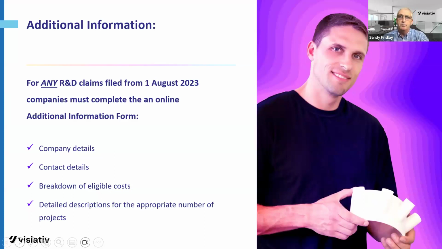Now, again, for organizations like ourselves, that's less onerous because we've been following all of these additional information requirements for the last 13 or 14 years. But for companies who have not been through the process before, who haven't been exposed to these rigors, that can become quite a drain in terms of admin and staffing time.